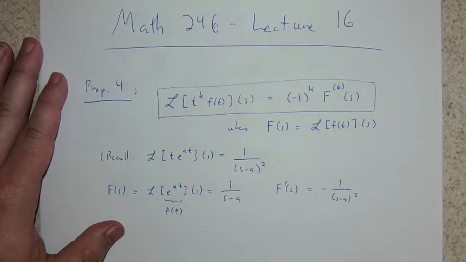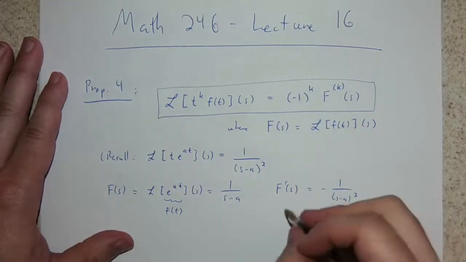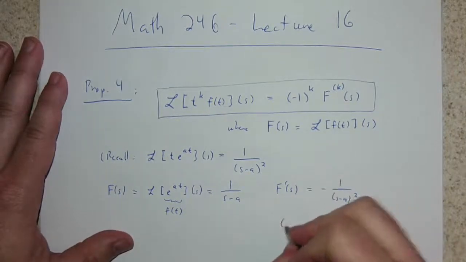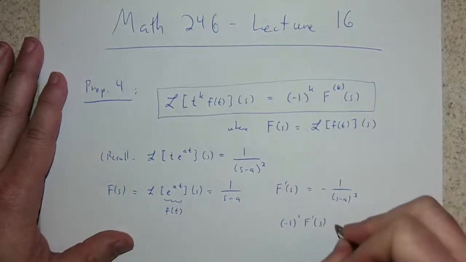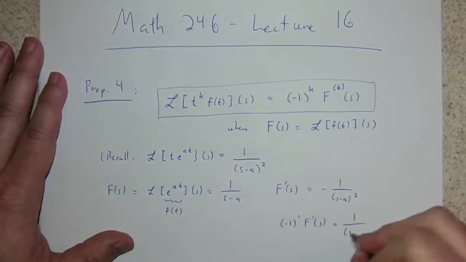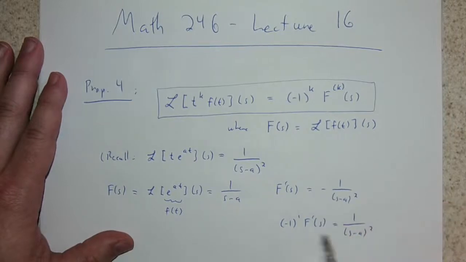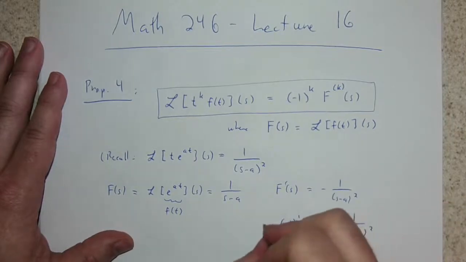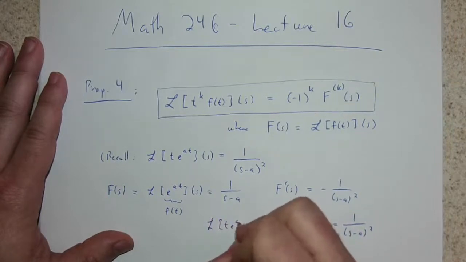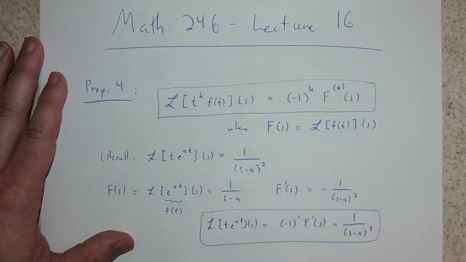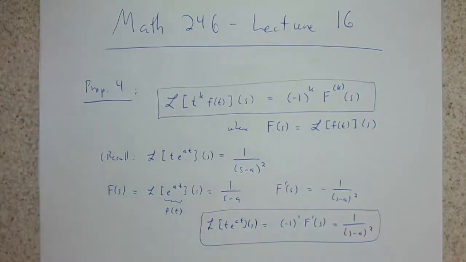So then minus 1 to the 1 times F prime of s is 1 over s minus a squared. But that's the Laplace transform of t e to the at of s, right? So that shows how these things are related.